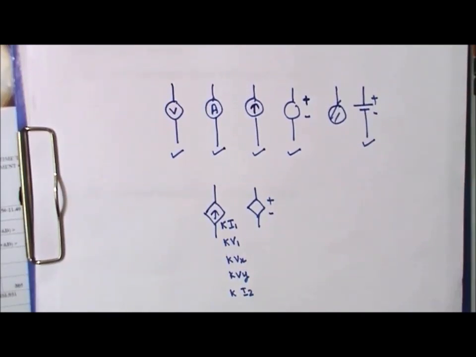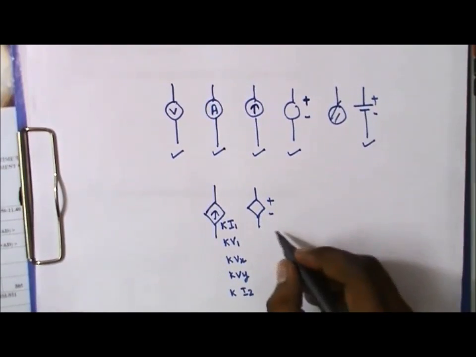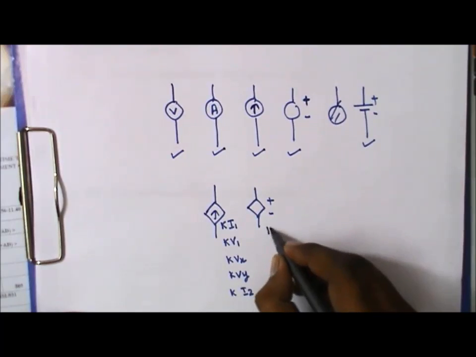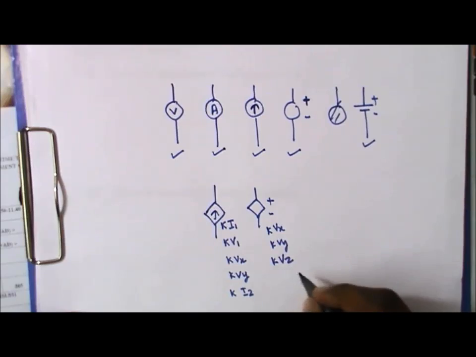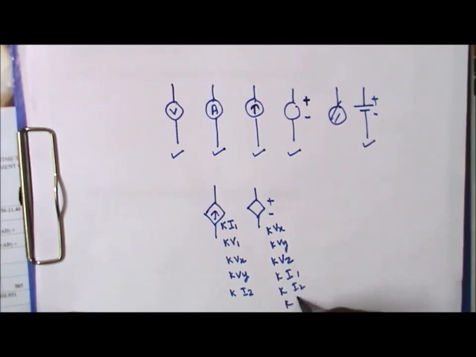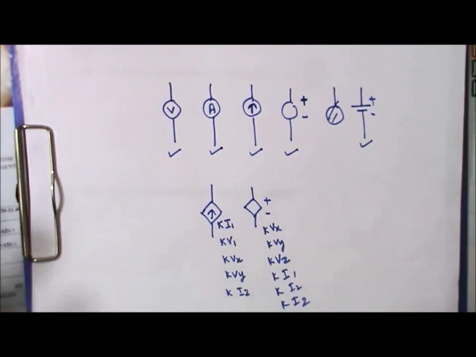Similarly, in the voltage source we have seen in some books KVX, KVY, KVZ, KI1, KI2, KIZ.